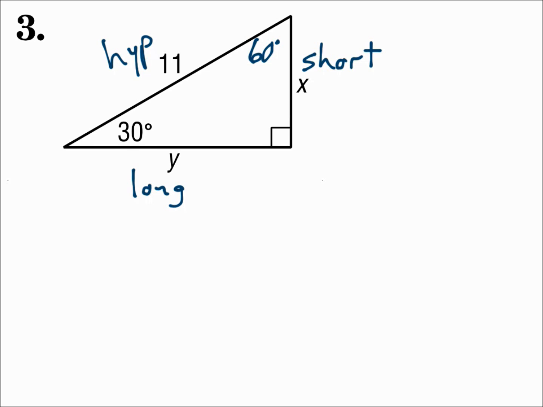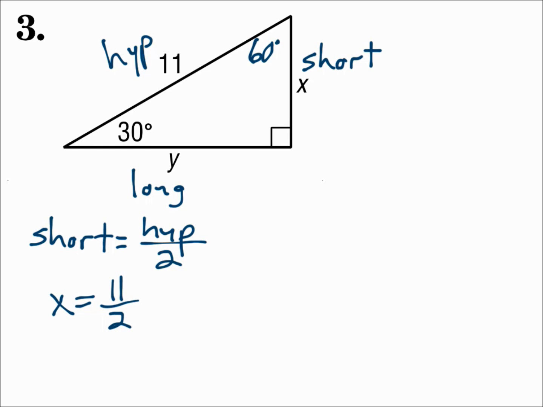We don't know the short leg, but we do know the hypotenuse. So let's use the short equals formula that includes the hypotenuse. Short equals hypotenuse divided by 2. Substitute in. Short is x, hypotenuse is 11, divided by 2. So x is 11/2.